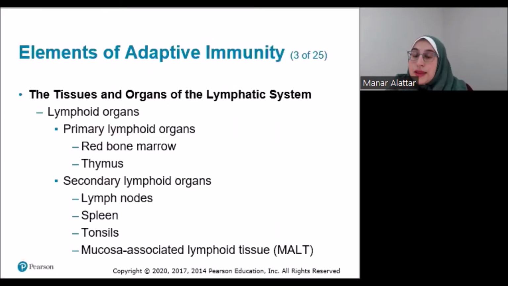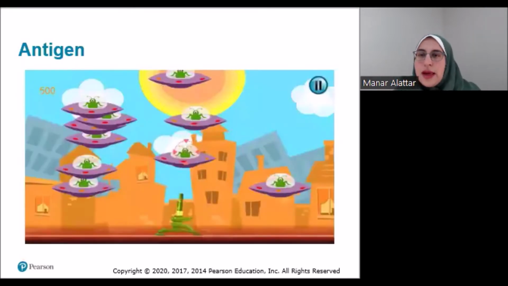What is it that the immune cells that are present within the lymphatic system are patrolling for? And the answer is antigens. Okay, and an antigen is a general term for foreign bodies, foreign molecules, foreign particles that are coming into the body.